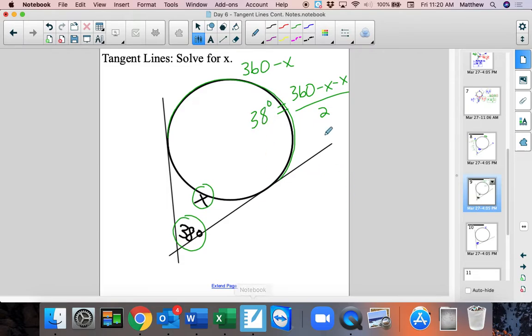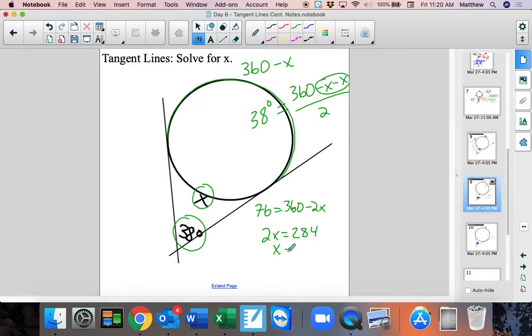Okay? So if I cross multiply, and I'll put it down here, 38 times 2, I believe is 76, equals, simplify up here, 360 minus 2x, right? Minus x is minus 2x. I'm going to add the 2x to the left. 2x equals 360 minus 76, which is, oh boy, 284.